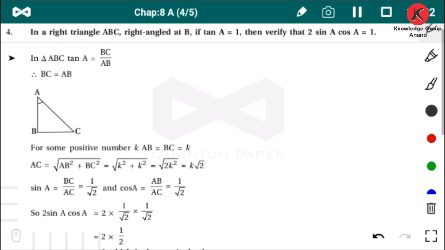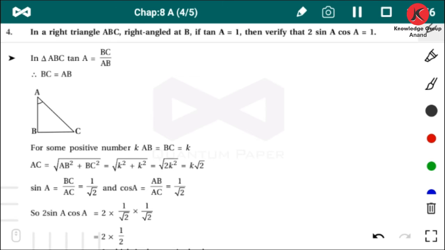Therefore, tan A is equal to BC upon AB, so BC is equal to AB. Take some positive integer K, so AB is equal to BC is equal to K. AC we find using Pythagoras: AC square is equal to AB square plus BC square, K square plus K square, 2K square.